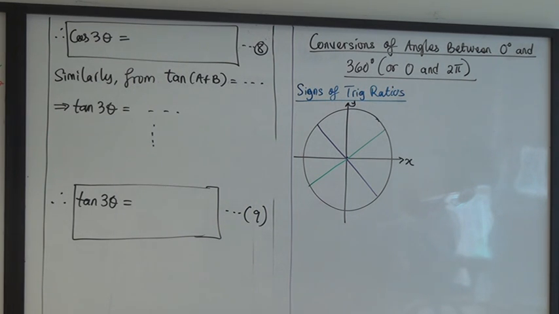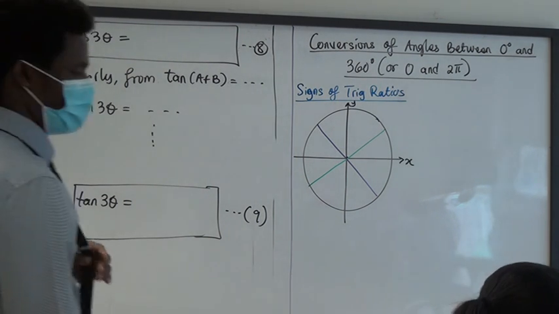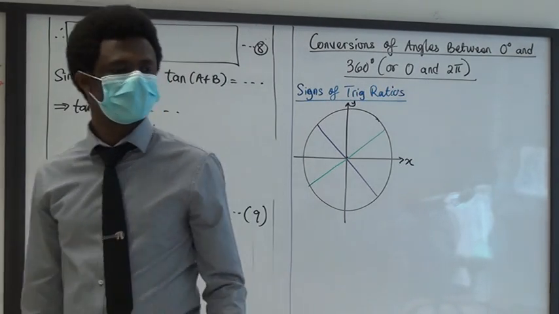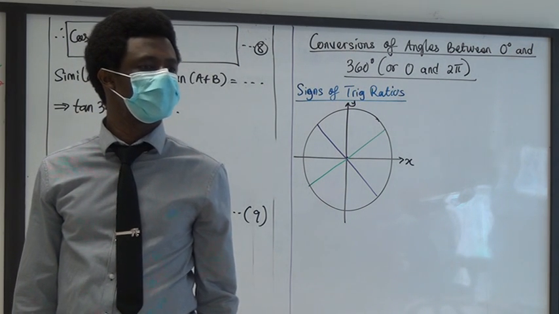Where do you get 2 sine cos? Aren't you using this one? What's your problem? Is everything okay here? All right. Nakita and Karen? Everything good?